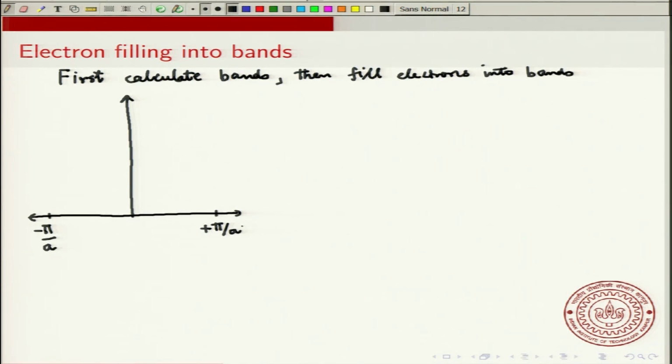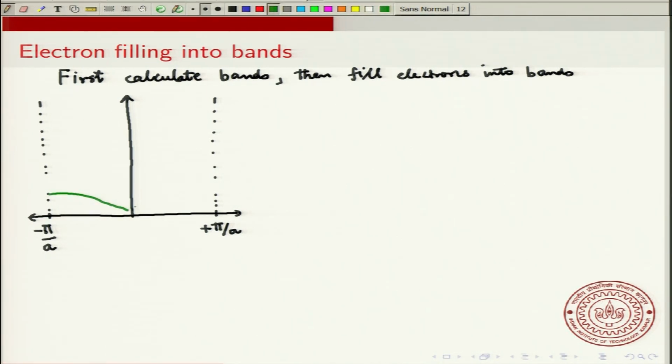And now what you do is you start making the bands, and let us say I will just give some examples of bands.